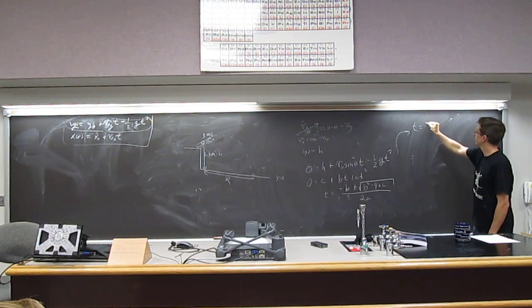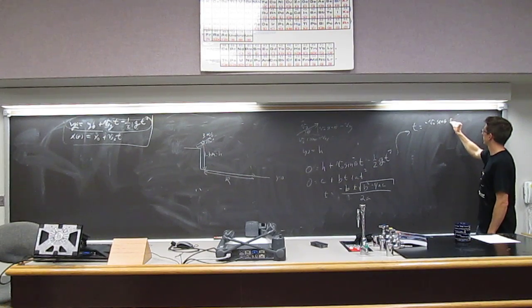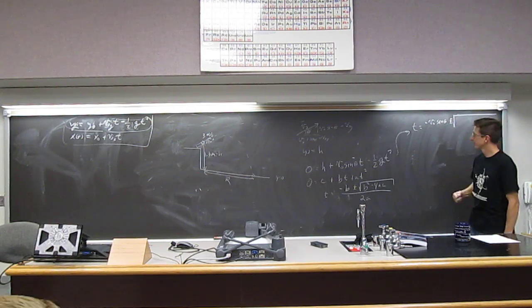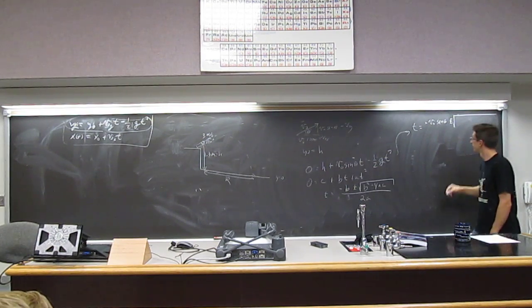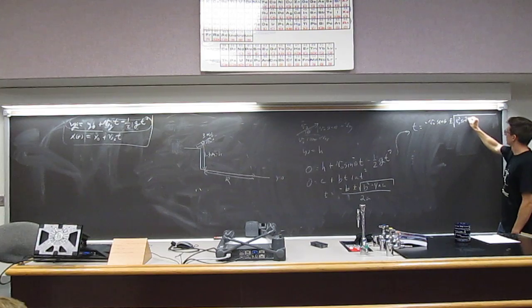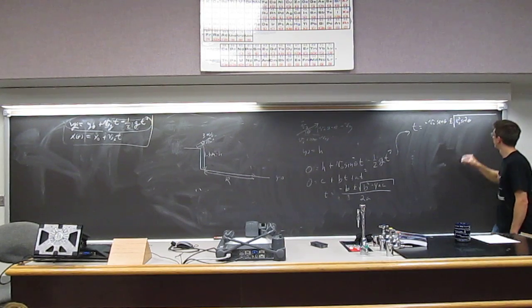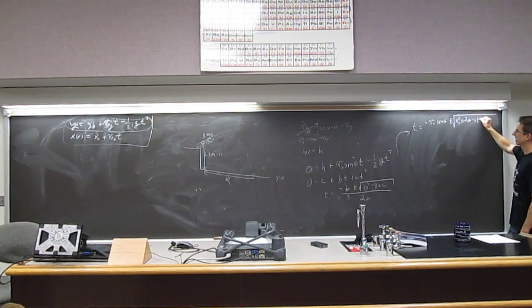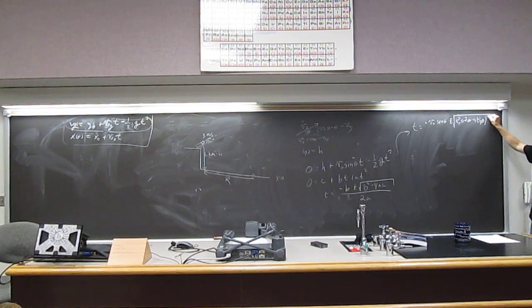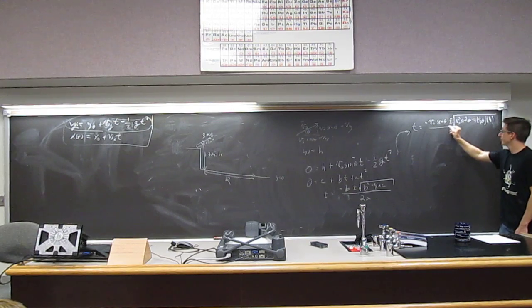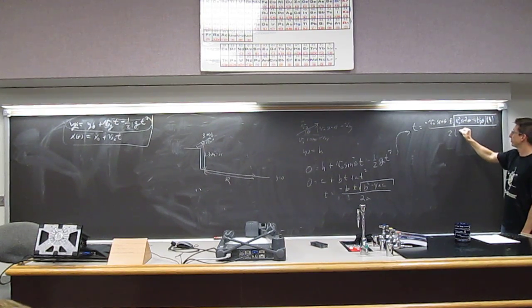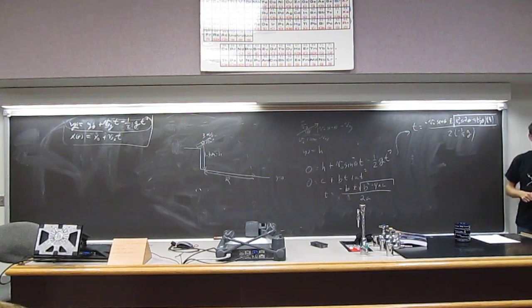So negative v naught sine of theta plus or minus the square root of b squared, so this thing squared, minus 4 times a, which is negative 1/2 g, times c, which is h. So it's minus 4ac, all over 2a, which is 2 times minus 1/2 g. All right, let's simplify this.